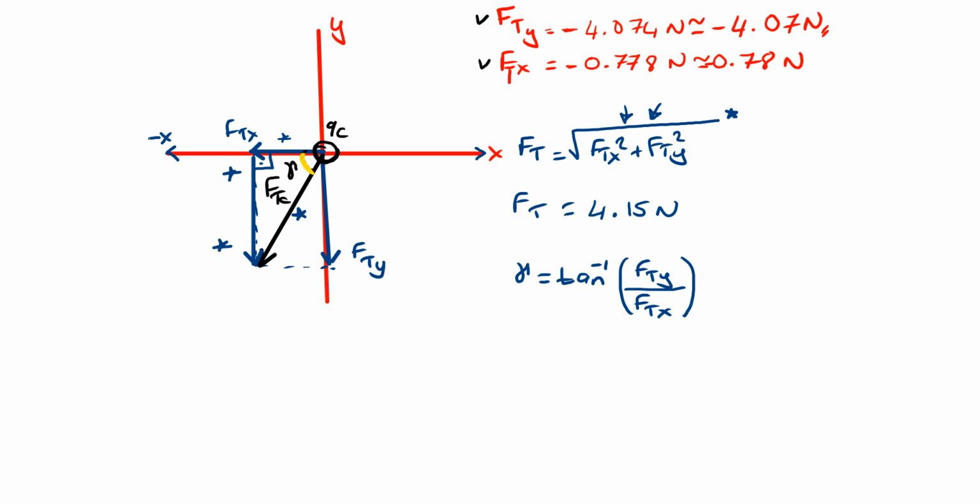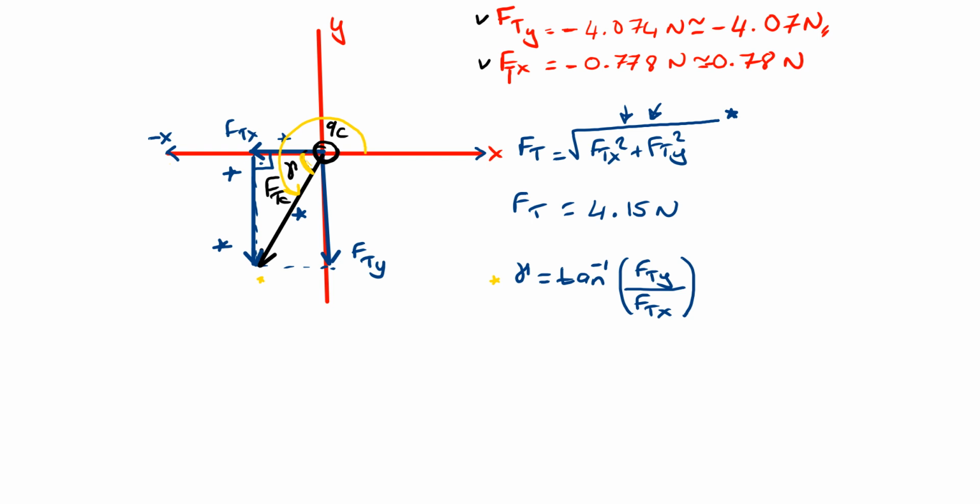There's also the angle with the minus x-axis, so as I describe it, I will say gamma is the angle between minus x and the total force. Many of you get confused about the other angle. You can also use that, but it's a lot simpler to use the smaller angle. So we will always use the smaller angle, and that's how we find it.